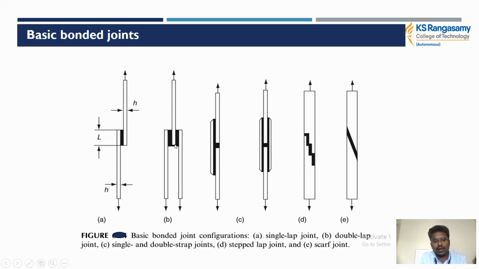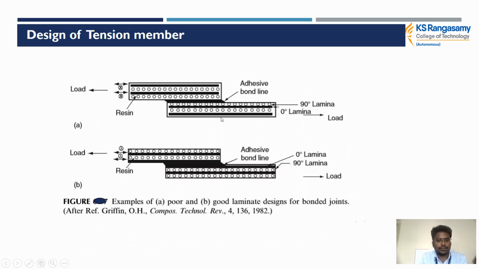This is the double lap joint, where we can bond on both sides. The third is the single lap with double strap joint. The fourth is a stepped joint, and finally the scarf joint. So this is the basic view of bonded joints.